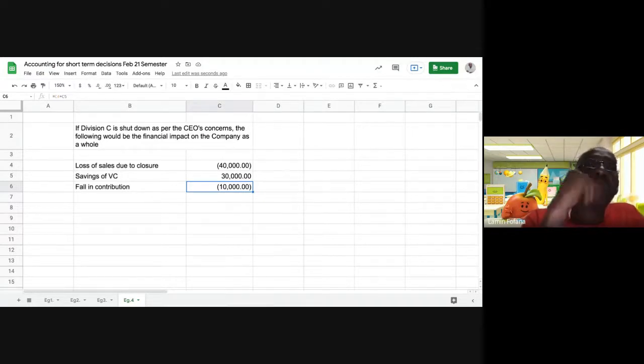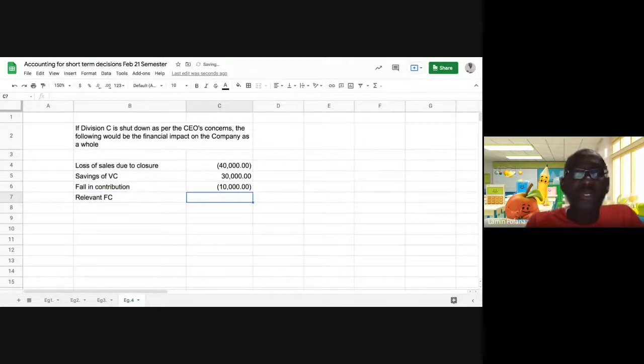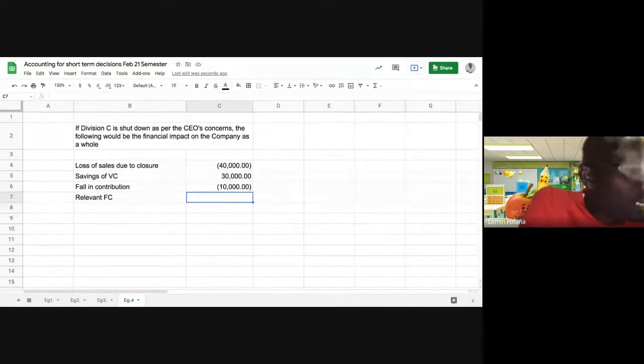Okay? But we have a relevant fixed cost, which is what? 40% of the total fixed cost. Can someone give me the formula to calculate that? So we say relevant FC, or directly attributable fixed cost to division C. The total fixed cost for division C is 20,000.